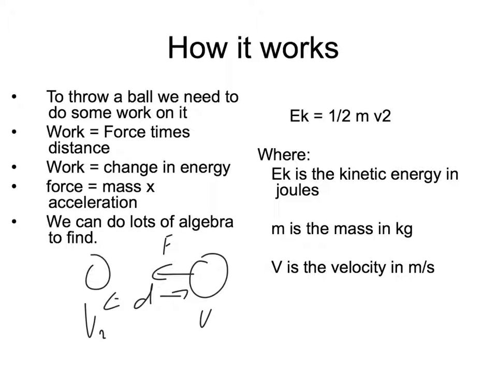If you put those two equations together and do a lot of algebra, which I'm not going to do now because it's in your textbook, you end up with a change in energy that simplifies to a half times the mass times the velocity squared. This is what we call the kinetic energy. M is the mass in kilograms, V is the velocity in meters per second.